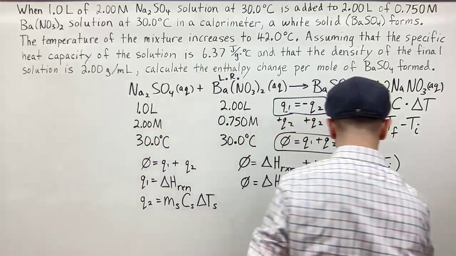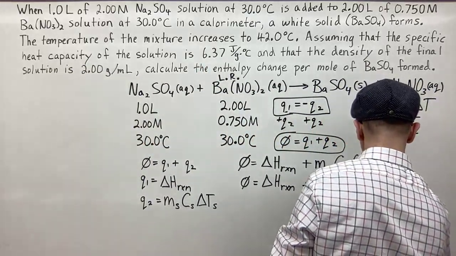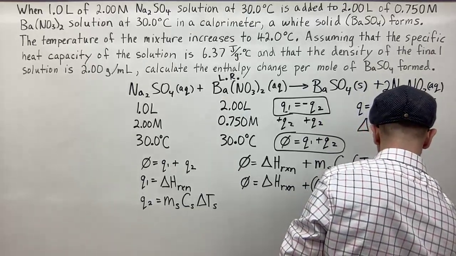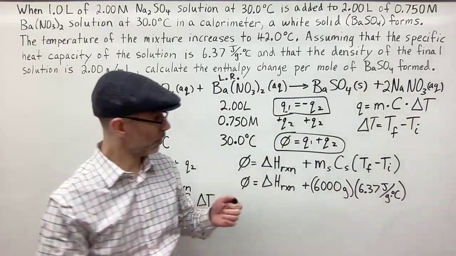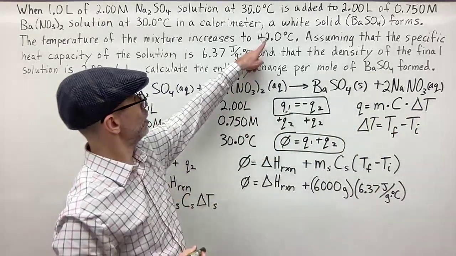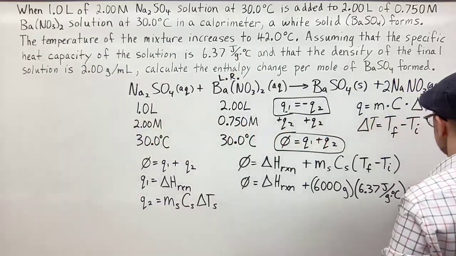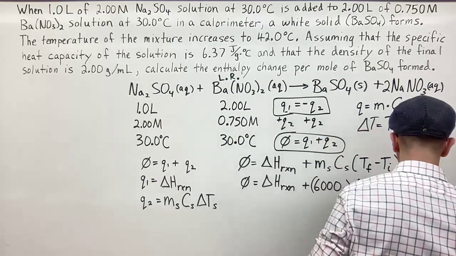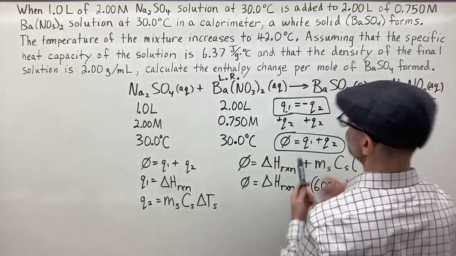So we'll plug that in. And then we have final temperature minus the initial. The final temperature is 42.0 degrees Celsius. So we'll put that in. That's going to be final, 42.0.